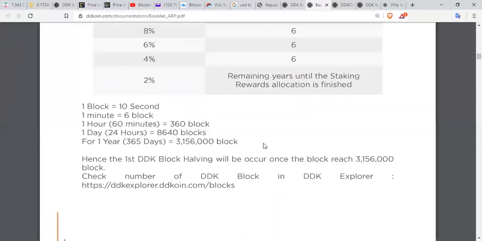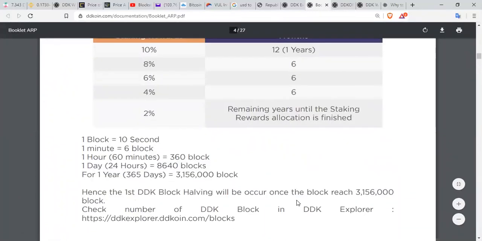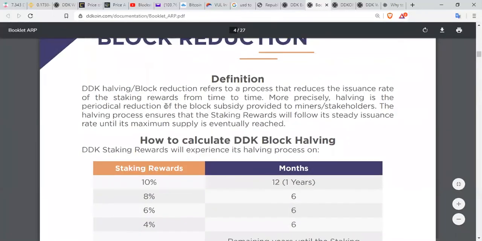So going back to the booklet for ARP, so kailan nga ulit mangyayari yung DDK halving or block reduction? So around more than 110 days or around November 10 of this year.